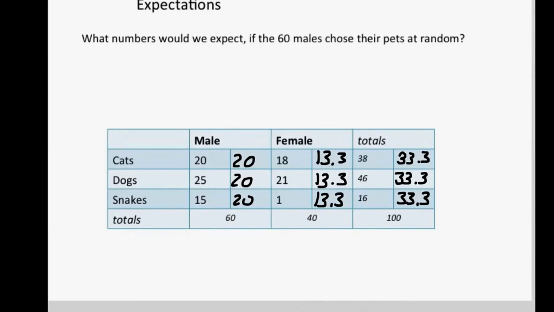And we find here that in fact 20 indeed chose cats, 25 chose dogs. Our expected number would be 20 here. And 15 chose snakes, but if they had chosen completely randomly, our expected number would be 20 in this case.